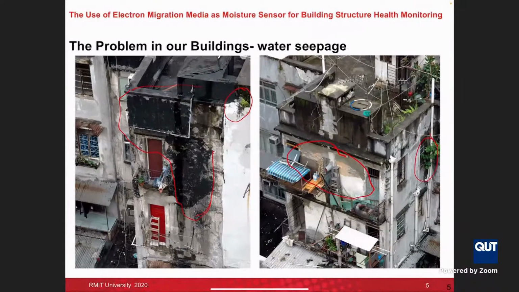This case is very similar across Hong Kong. For those residential buildings that are maybe 30 years old, it's a very common situation in Hong Kong. I believe there are similar cases in cities in other countries, and also in Australia.